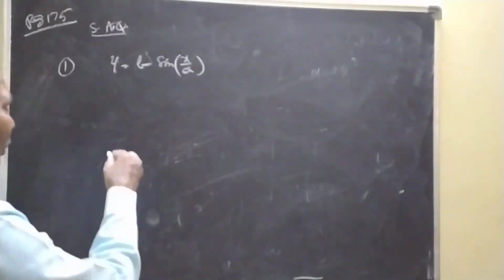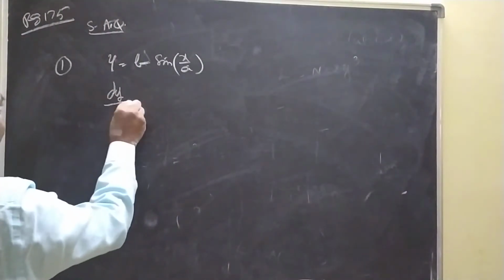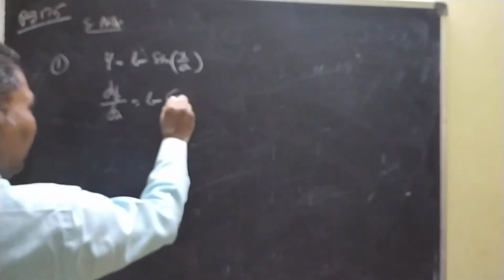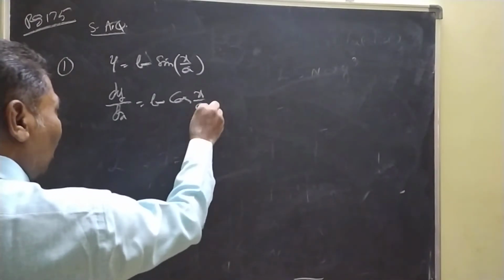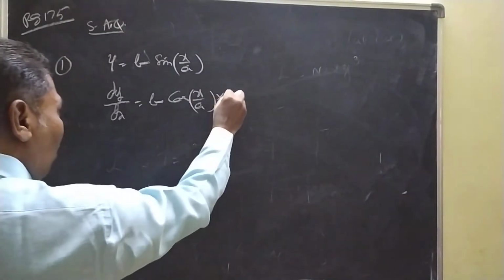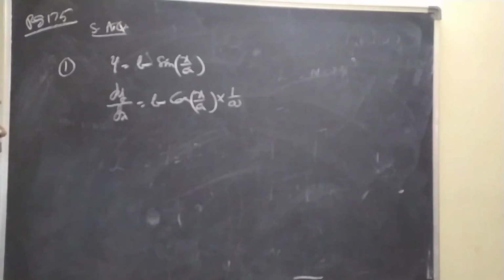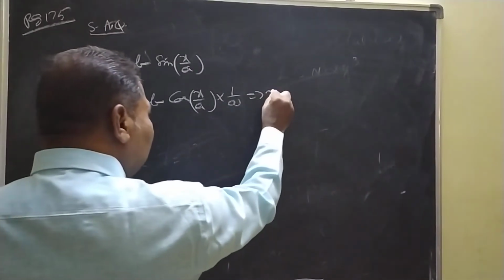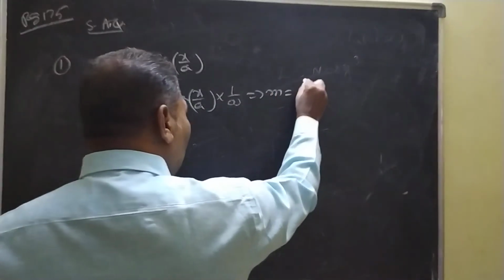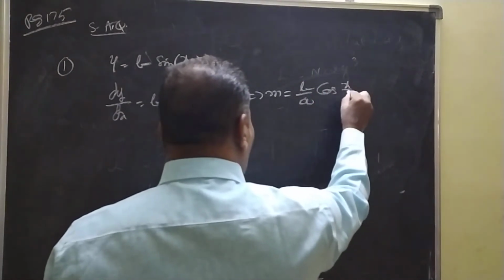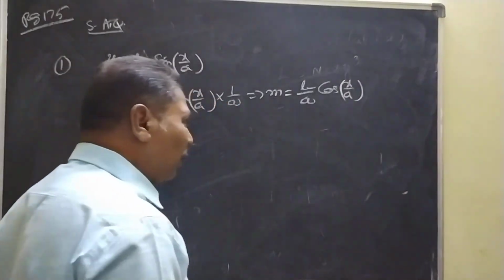So first calculate dy by dx. B into derivative of sine, cos, derivative of internal function 1 by a. So this implies m equal to b by a into cos of x by a.